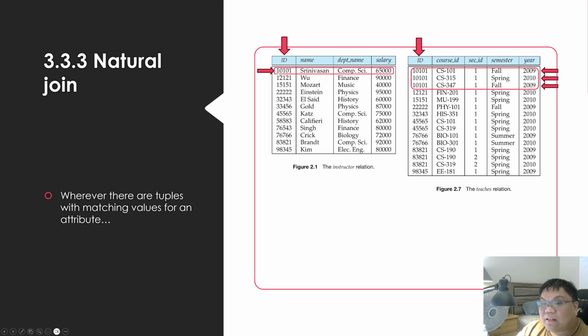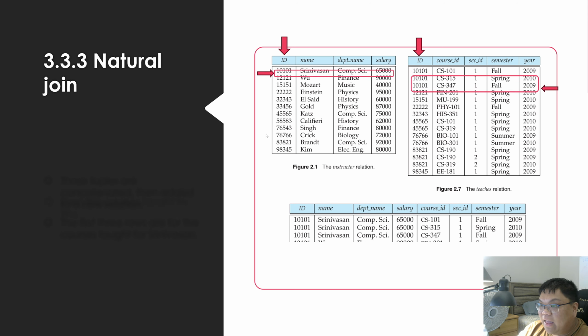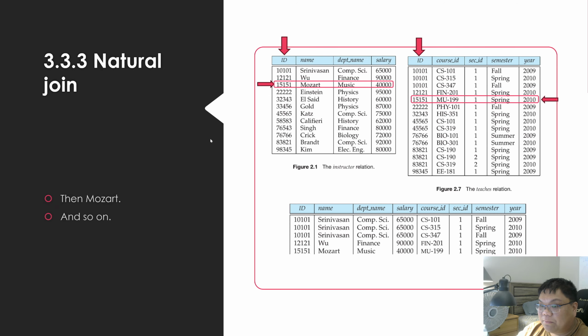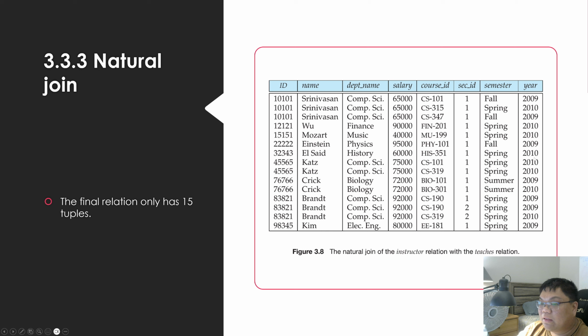We combine this row with these 3 rows, one at a time, to produce these rows in our natural join. So the first 3 rows are for courses taught by Srinivasan, and then Wu, and then Mozart, and so on. Now we have this table, which only has 15 rows in it.